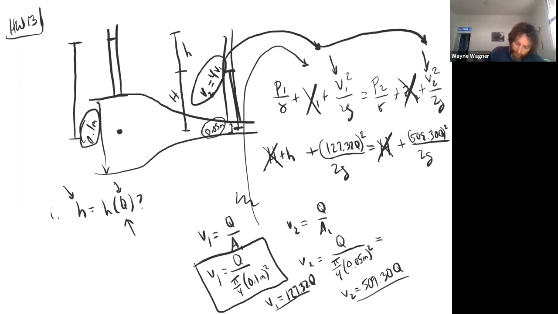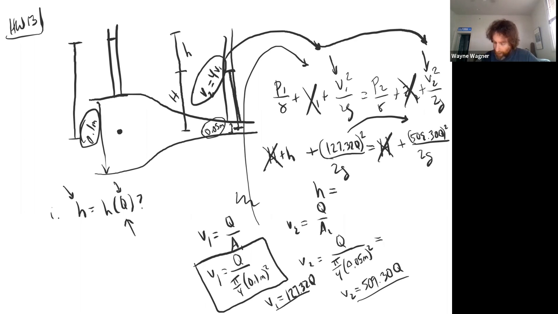We just bring this over to the other side, square and subtract. And so I'll end up with H equals, let's see here. So we'll do 509.30 squared. And then I'm going to subtract out 127.32 squared.